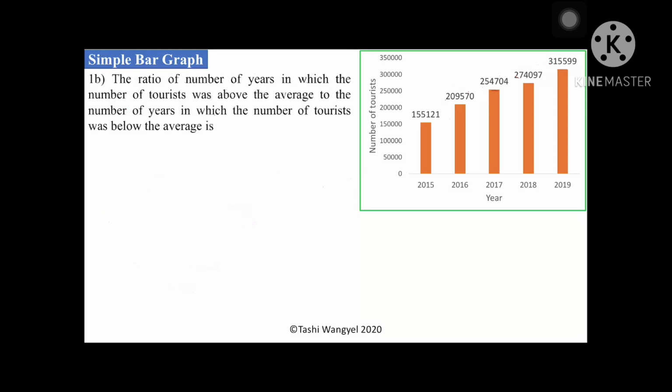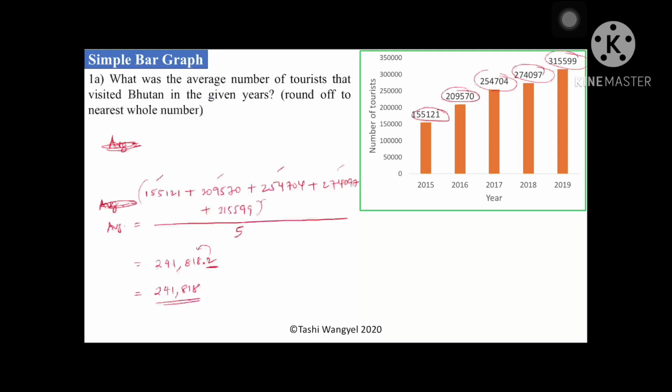The next question: give the ratio of the number of years in which the number of tourists was above the average to the number of years in which it was below the average.